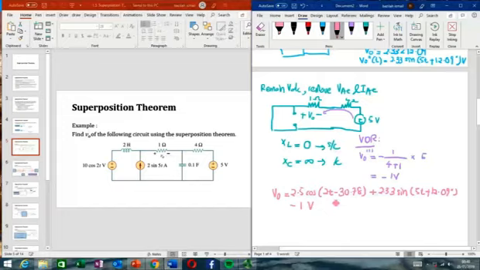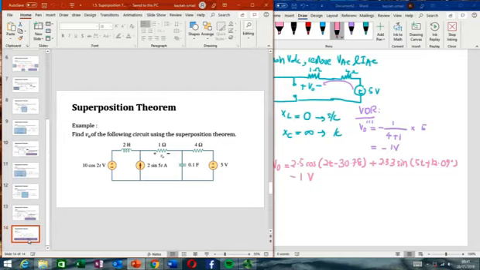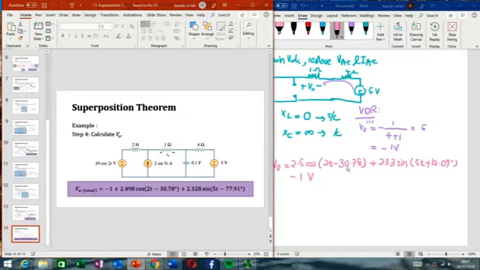Okay, so this is the final answer. If this omega were the same, you would need to total these two values.